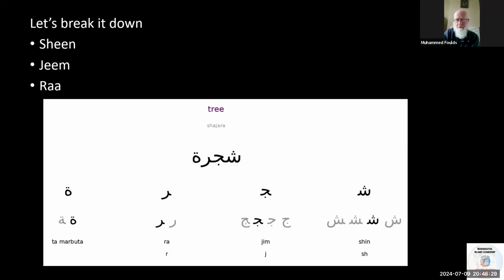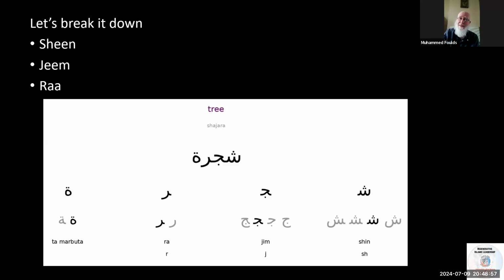Sheen, Jim, Ra. Not so much about the last letter, Ta, but the three trinatural root letters in tree, connecting us to above the tree, are the Sheen, Jim, and the Ra. Remember, each letter is in itself an ayah. Each letter has its own shape.